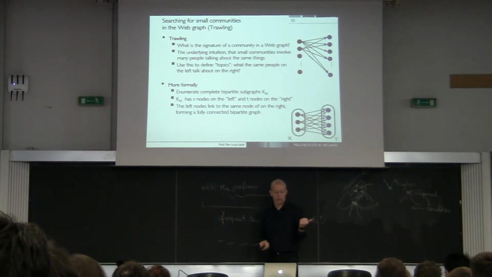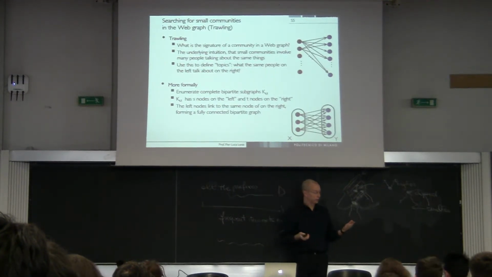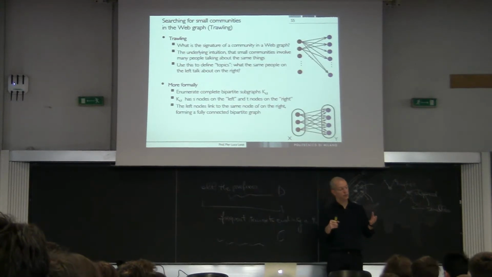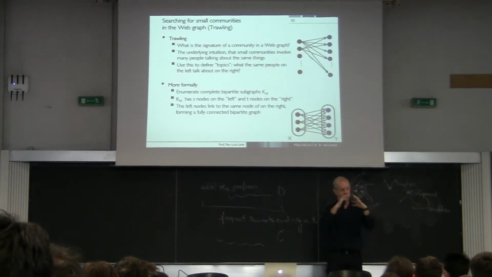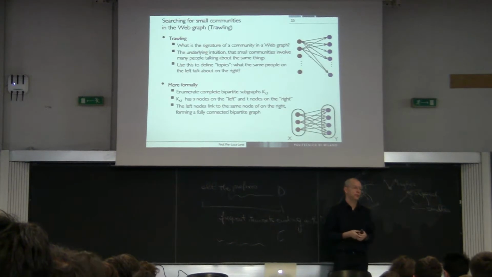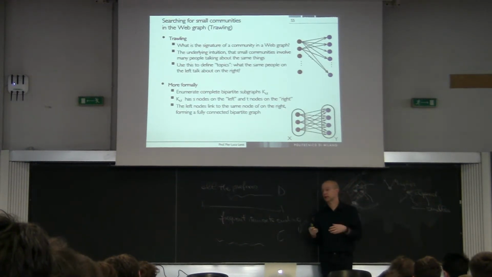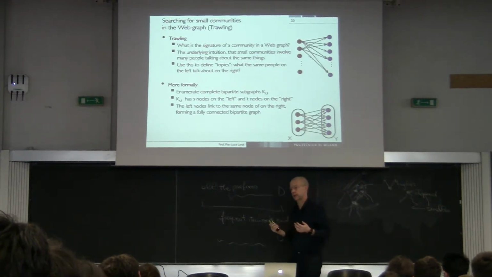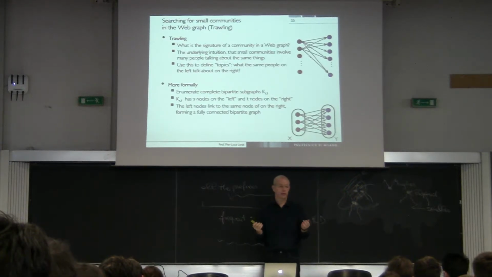So as a community, you're looking for K_{s,t}, where you have subgraphs of this large community. Take, for example, any big blogging site like Reddit, where users discuss some threads.